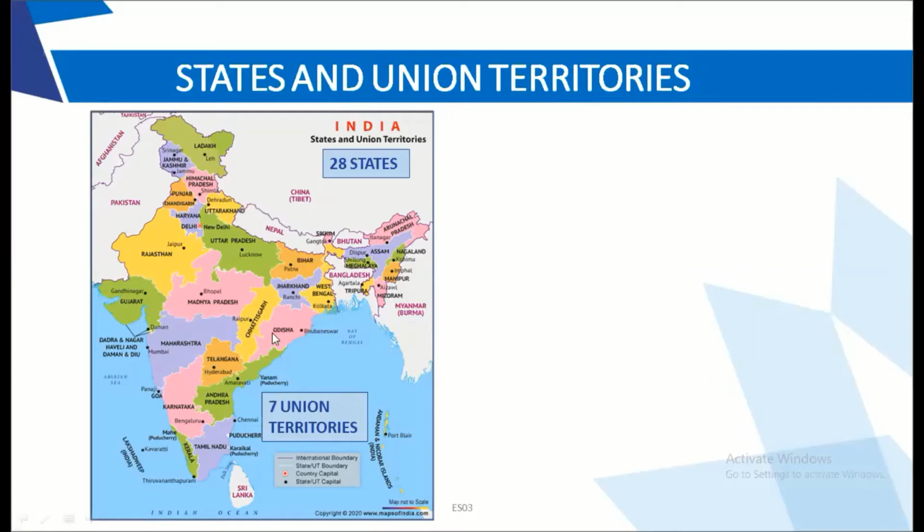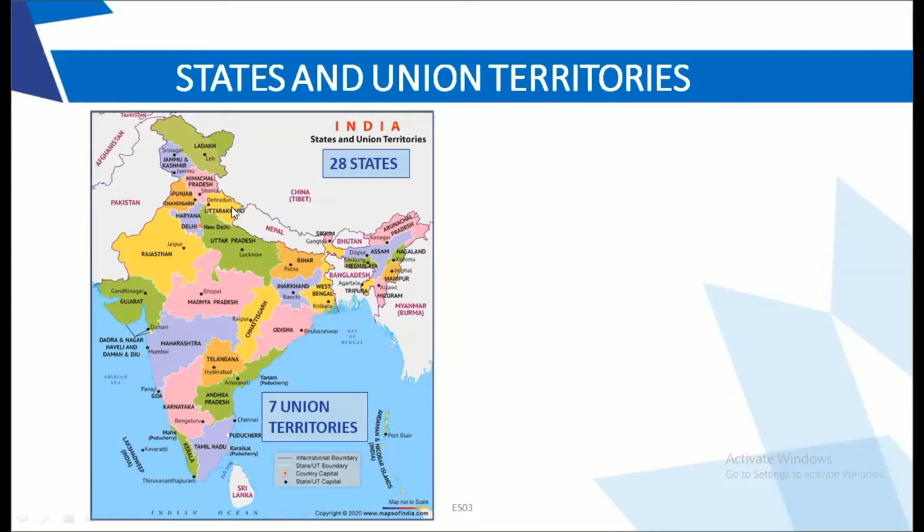Odisha, the land of Puri temple. Bhubaneswar is the capital. Jharkhand, Ranchi is the capital. West Bengal, the place of the rising sun. Kolkata. Bihar, capital Patna. Uttar Pradesh, capital Lucknow.